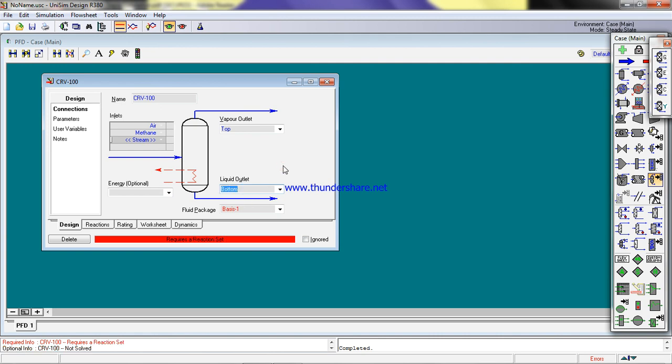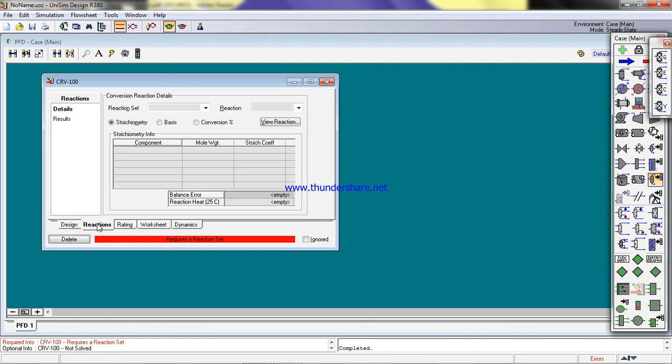So we are done with wiring. Other parameters. Energy is optional. That one comes to play if you want to look at heating the reactor or cooling the reactor. Okay, so we come to reaction.